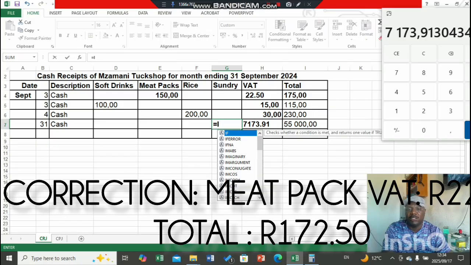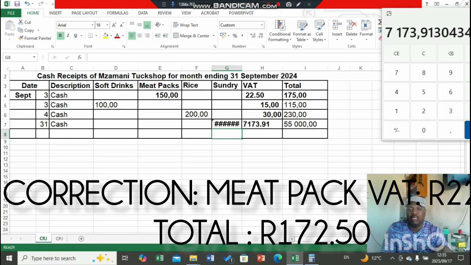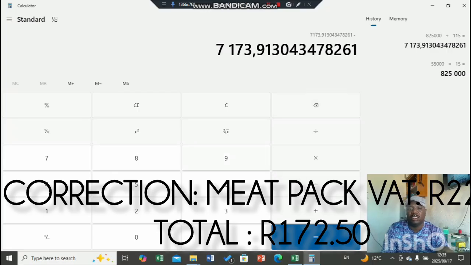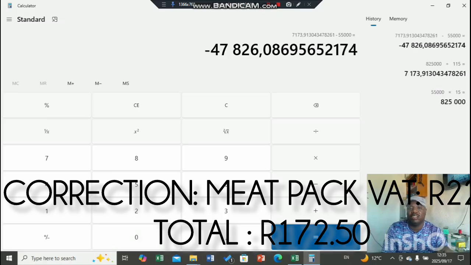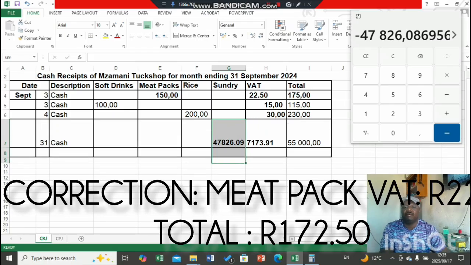Use your calculator to say 55,000 minus 7,173.91. It's 47,826.09 is the amount without VAT, with rounding off. There you go.